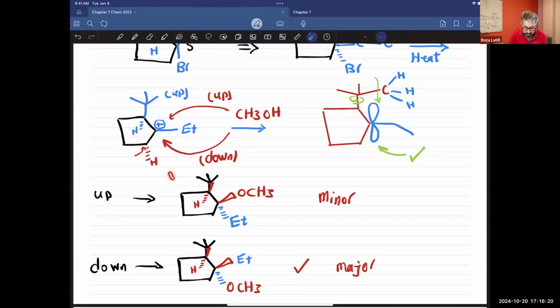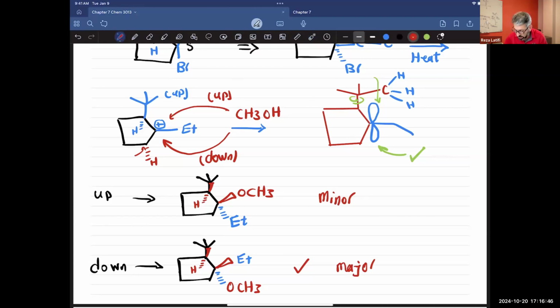So if you reach it from the bottom of the molecule, you're going to see only 2 hydrogens. Well, if you reach it from up, you're going to see the entire tertiary butyl. Of course, there is hydrogen, but hydrogen is not going to have much steric effect. But the tertiary butyl will have a huge steric effect. So it will make the addition from the top less favored, and from the bottom more favored because we have less steric effect.